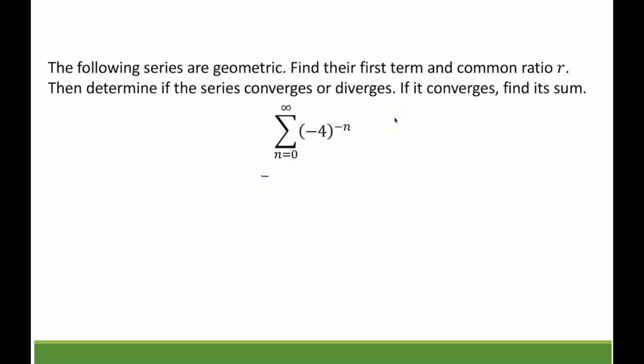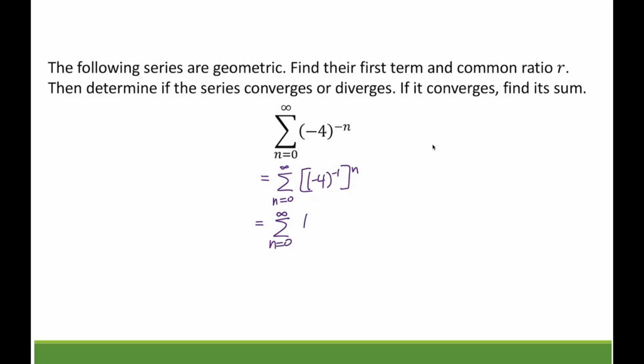For this one, the sum of n equals 0 to infinity of -4 to the negative n. So we want to be careful because of that negative n. We want to remember that we can rewrite this as -4 to the -1 to the n, so that -1 and n multiply back together. But now -4 to the -1 is asking me to take the reciprocal of -4, which is -1/4.